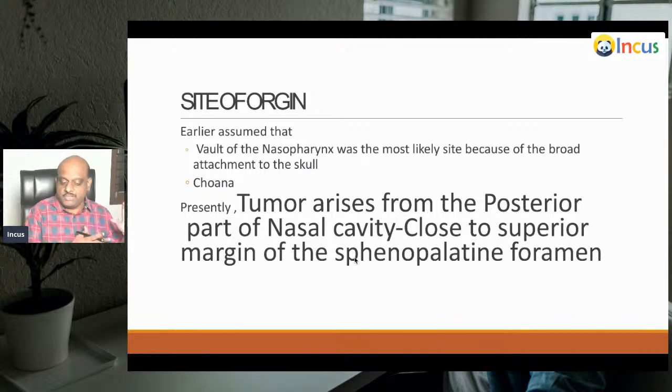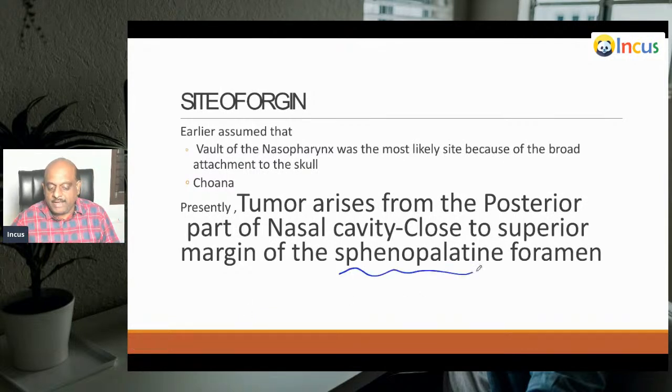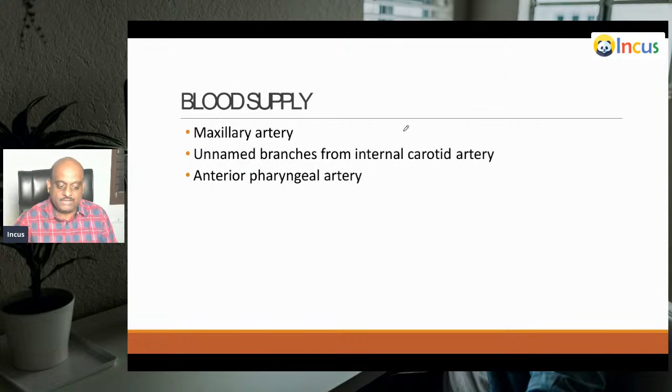And what is the site of origin? It is the posterior part of the nasal cavity, very close to the superior margin of the sphenopalatine foramen. The juvenile nasopharyngeal angiofibroma typically arises there.